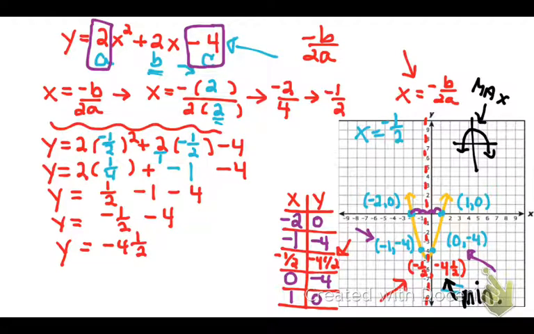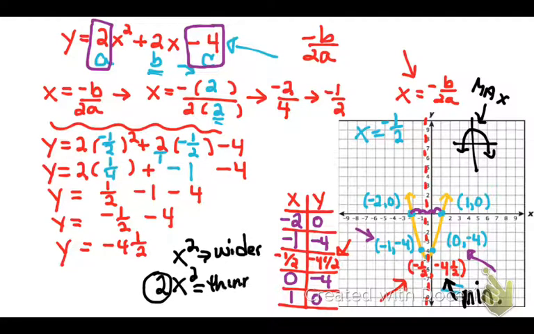So for instance, if I had x squared, then I know that graph is going to be wider than if I had 2x squared. This one would be skinnier. Again, this one is wider, and this one is skinnier, or thinner. And now we'll try one.